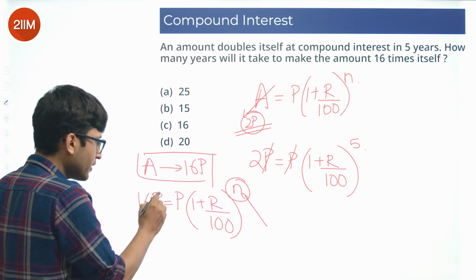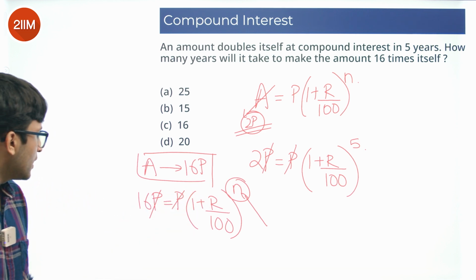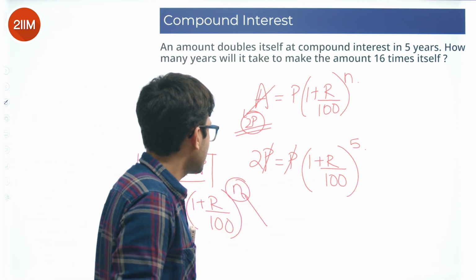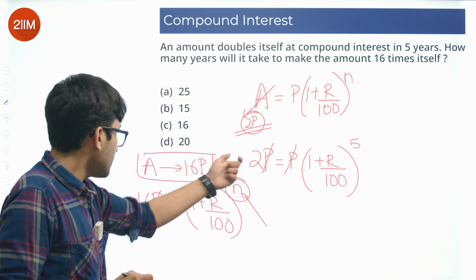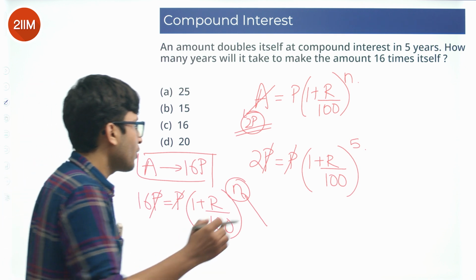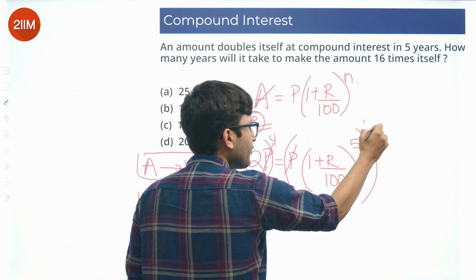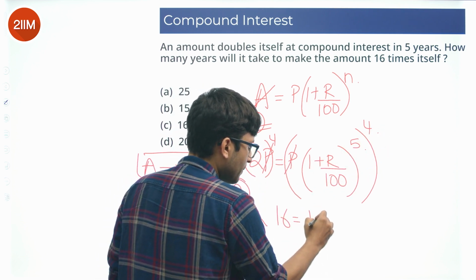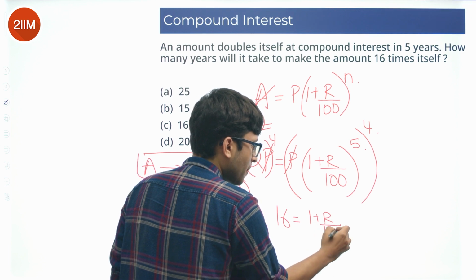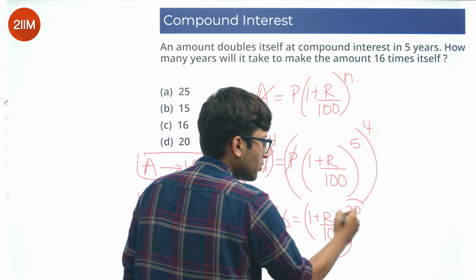Here as well I can cancel P, but there is nothing else I can do here. So we jump back to our previous equation. 2 power 4 is 16, so I can take power 4 on both the sides. If I do so, 16 is equal to 1 plus R by 100 whole power 5 into 4, which is equal to 20.